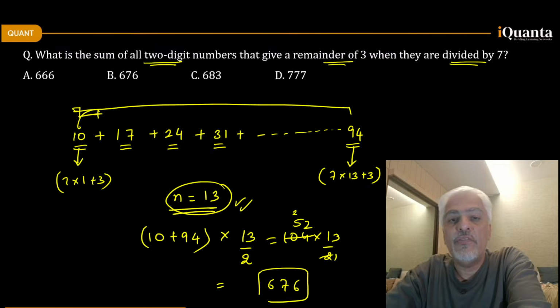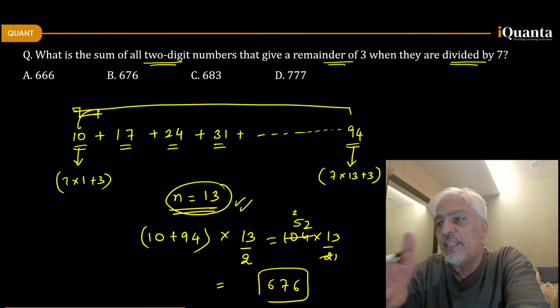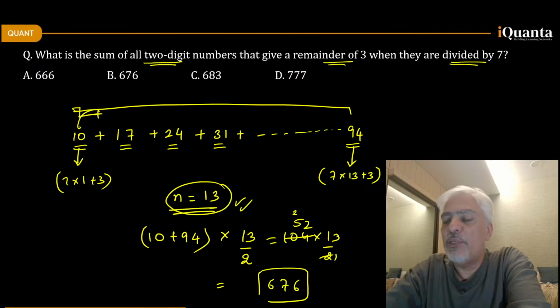Or the other method is you can find the 7th number, which will come out to be same, logically same. It will come out to be 52 only. अगर तुम 7th number तक पहुंचोगे तो it will be 52, and then 52 into 13.